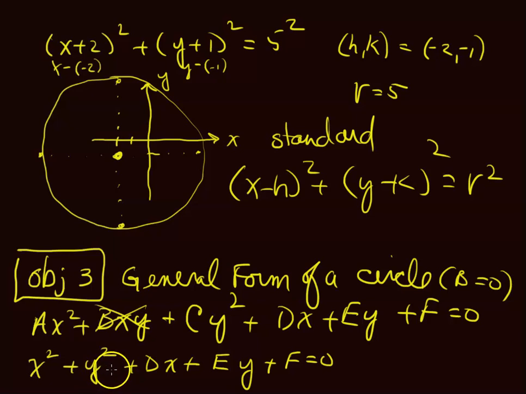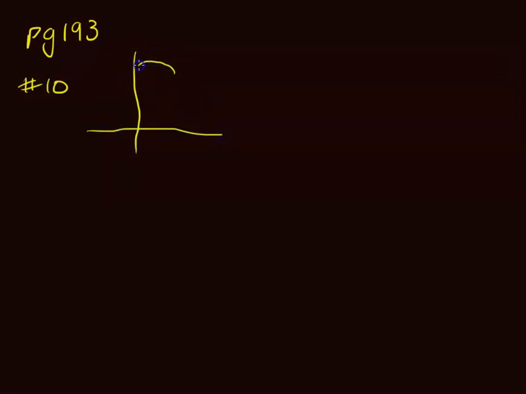Let's take a look on page 193 at some examples. If we look at number 10, which gives us a graph, and they say there's a circle someplace right here. This is the x-axis.